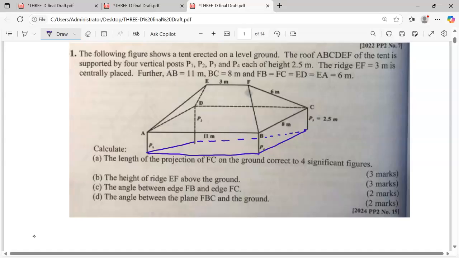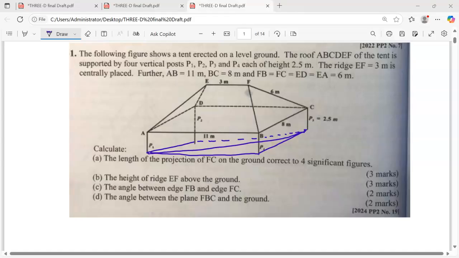This is now our ground. From there we can start by drawing a line joining P1 to P3 so that we have the vertical line joining the 2 points.